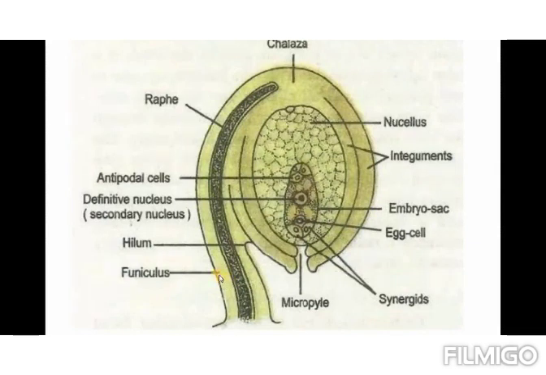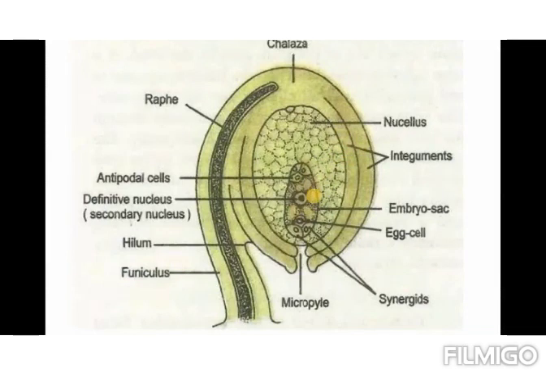The stalk of the ovule is also called the funicle, through which it is getting attached with the placenta. The second and main part is called the body of the ovule. This swollen part is the body of the ovule, and this body of an ovule consists of many parts.